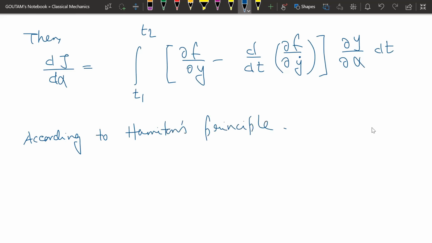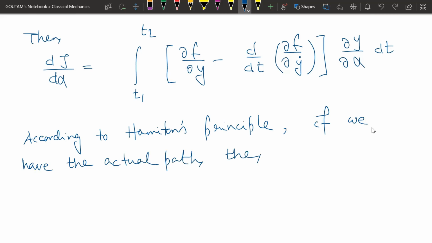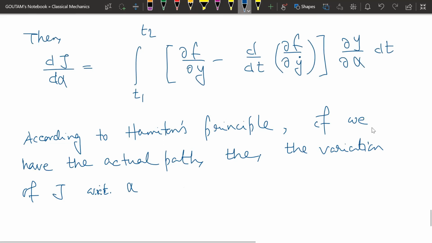So according to Hamilton's principle, if we have the actual path, then the variation of J with respect to alpha around this path is 0.